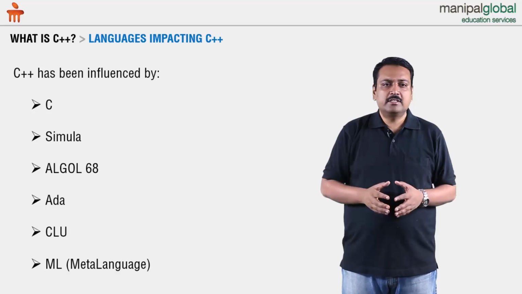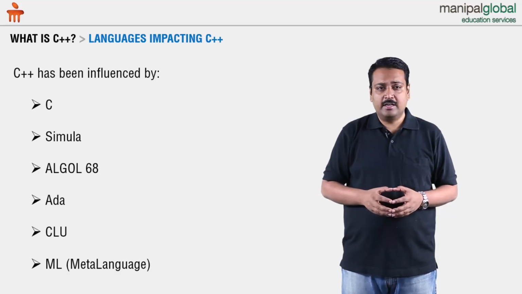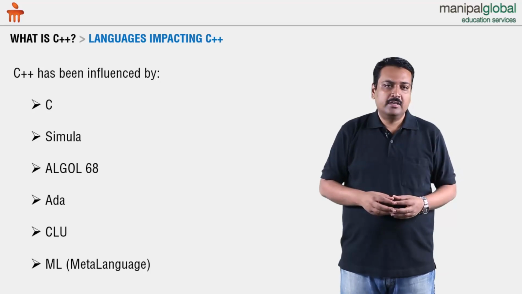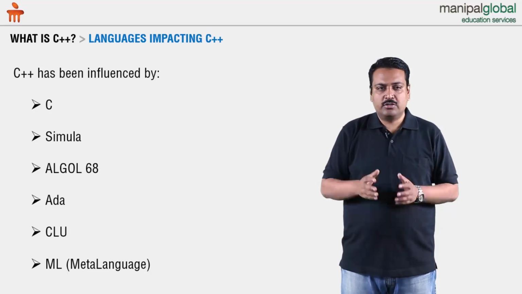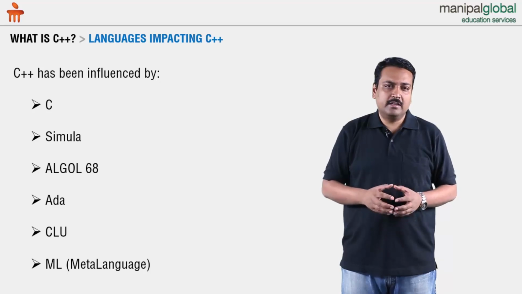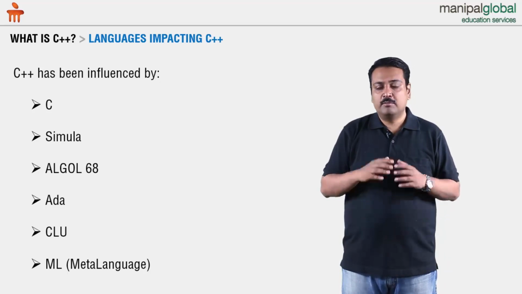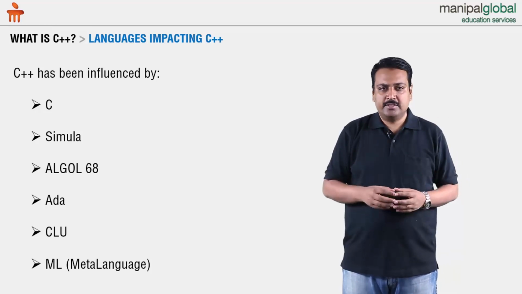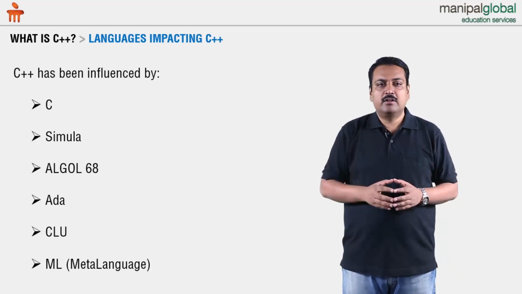So these languages had certain capabilities, like for example, C was a highly portable language in the 70s. So Stroustrup wanted to have a language that is systems level but portable and provides the power. So much of the C++ idea has been taken from C.